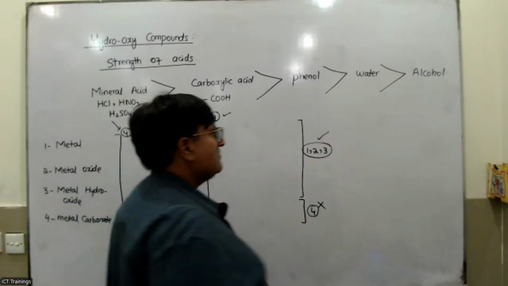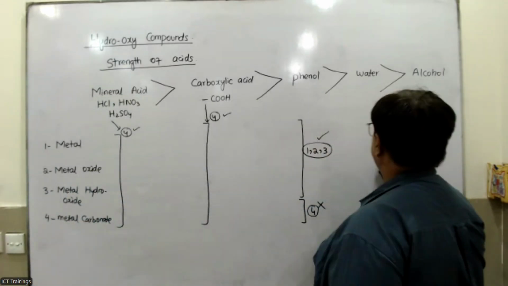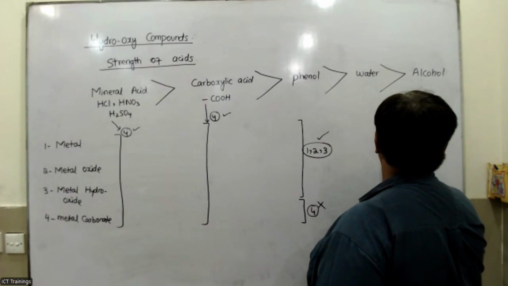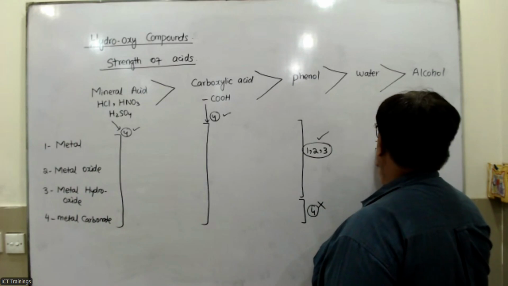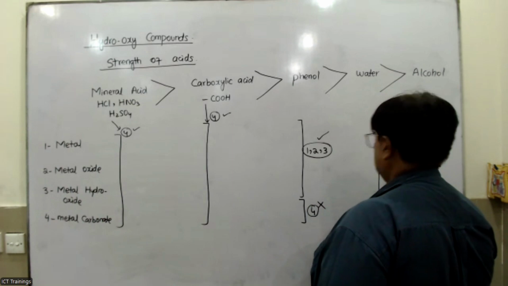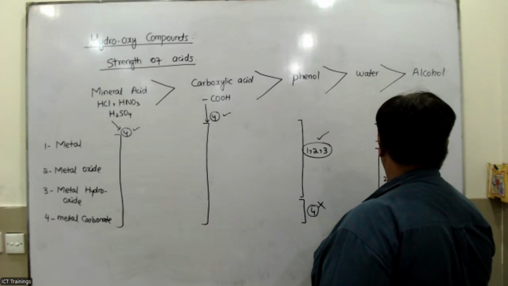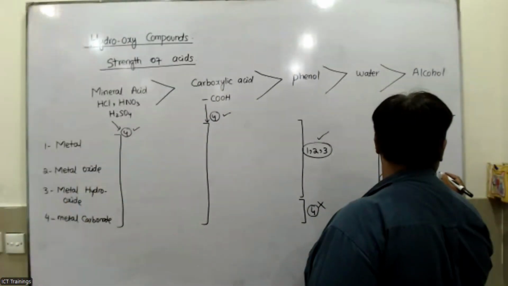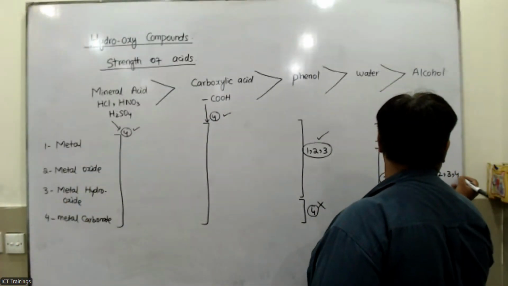Okay, and the last thing, my dear, water and alcohol are very weak acids, so they can react with the metal only. They are unable to react with 2, 3, and 4.